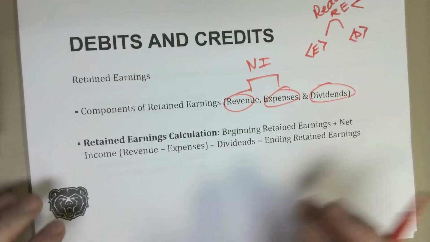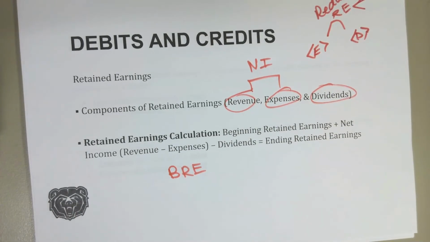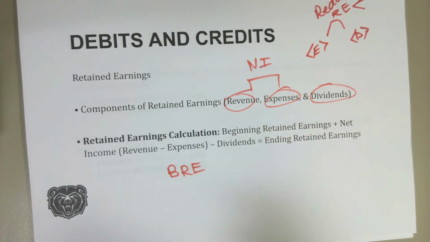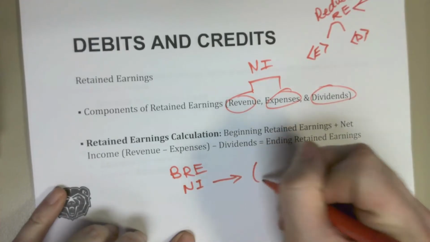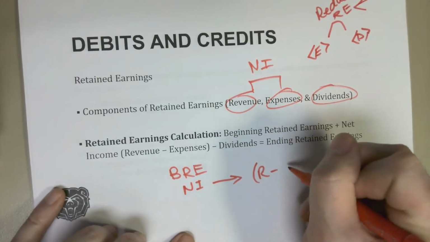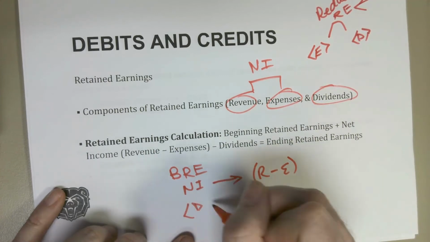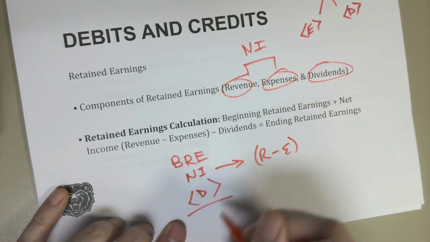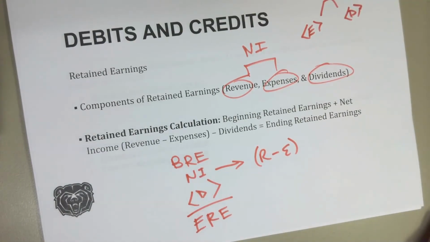So our retained earnings calculation is going to be our beginning retained earnings, and it'll often be presented to you like this: beginning retained earnings plus any net income that you have, which, if we recall, is revenues minus expenses, okay, less any dividends that you had. That's going to equal your ending retained earnings, okay?